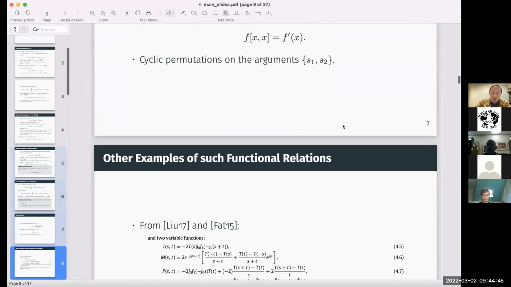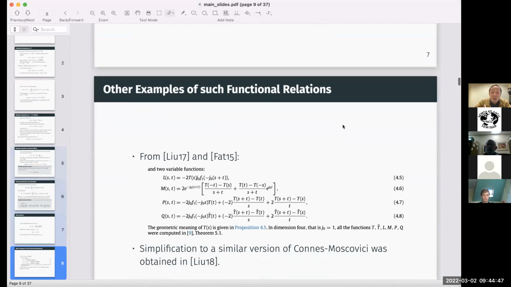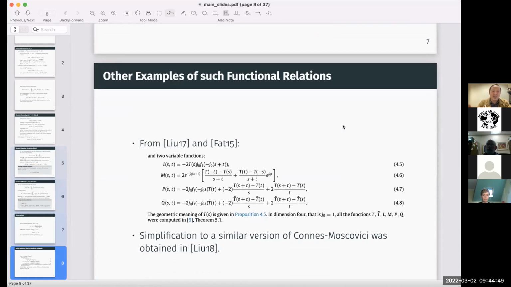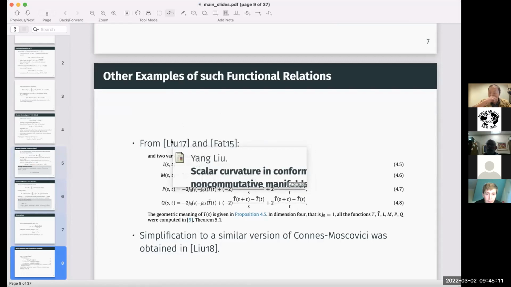Let me tell you a little about my personal journey in understanding this computation. The first step was to reproduce Connes and Moscovici's computation on other examples, the so-called theta-deformed Riemannian manifolds.